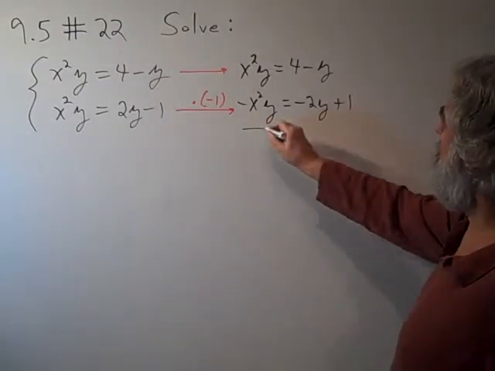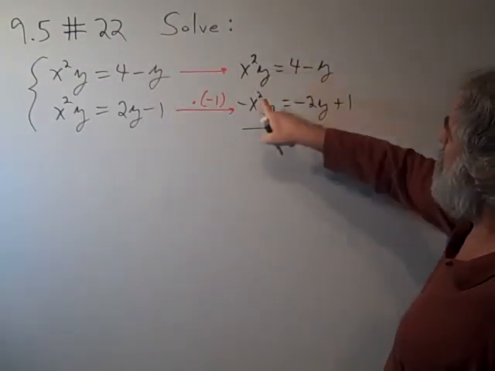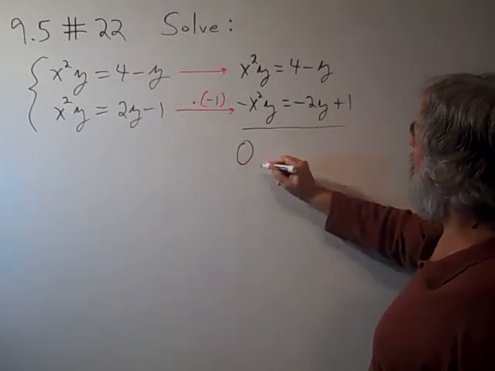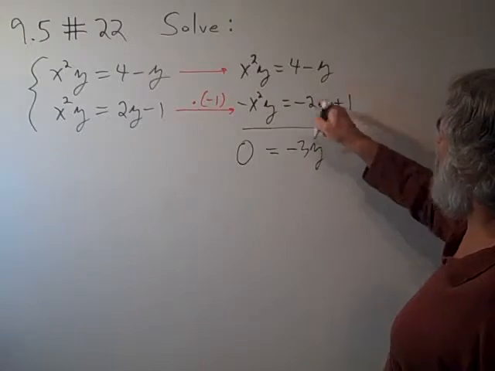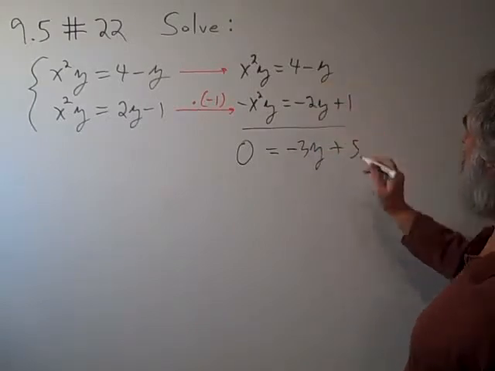Now we can add these equations together. The x squared y term goes away, and we've got negative y, negative 2y is negative 3y, and 4 plus 1 is 5.